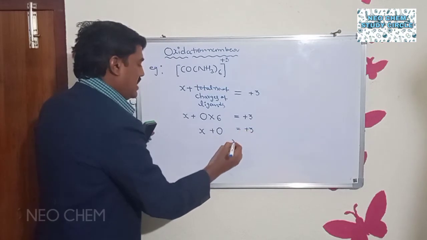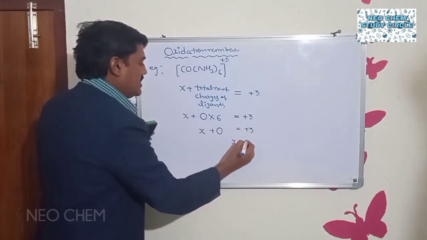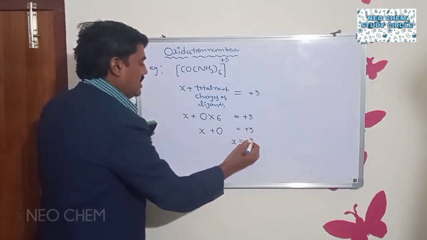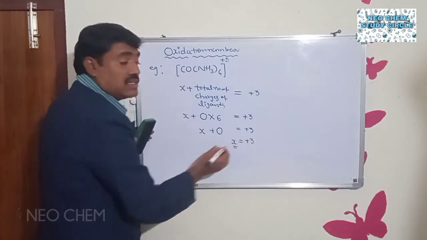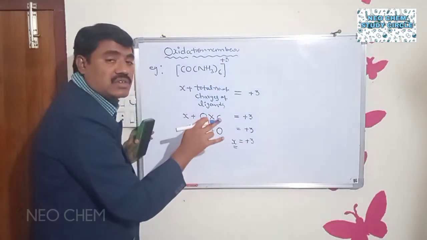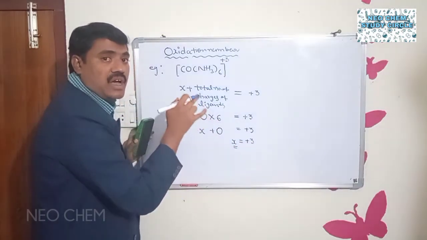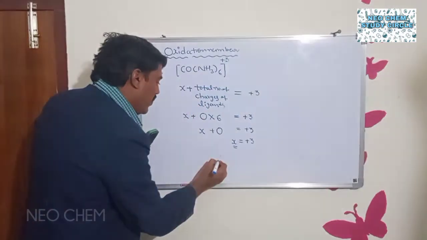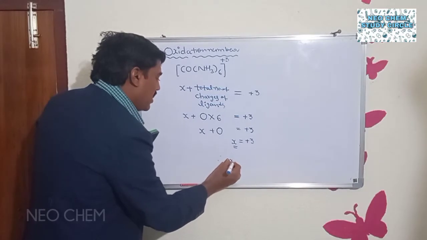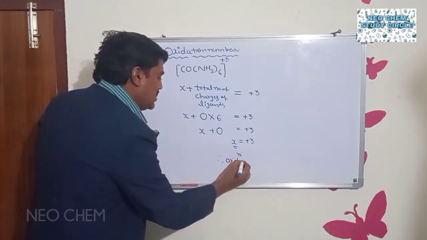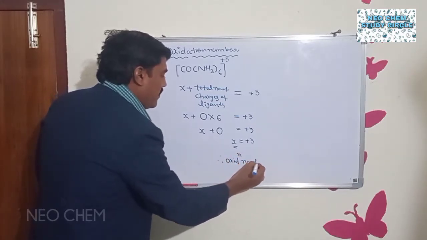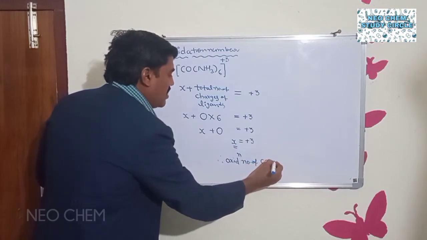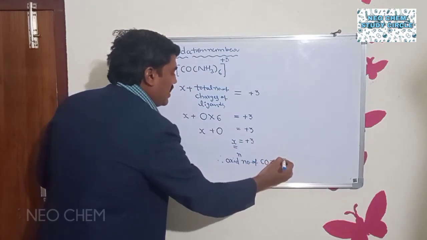That is X is equal to how much? X is equal to plus 3. Where X indicates what? X indicates oxidation number of the central metal ion in the given complex compound. So therefore oxidation number of cobalt in the given complex compound is plus 3.